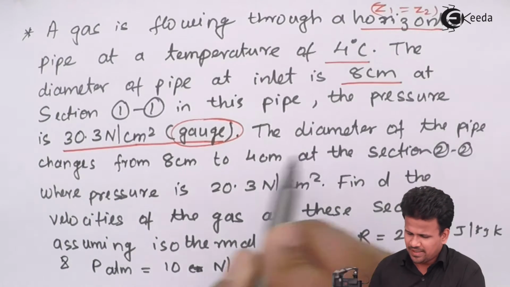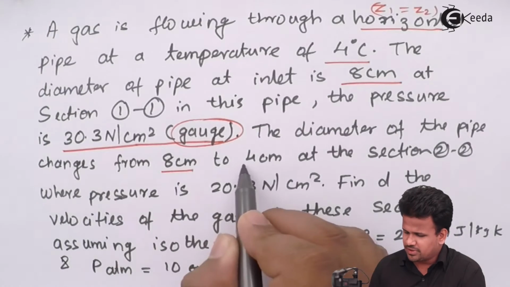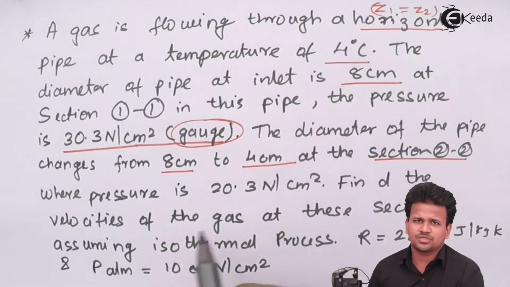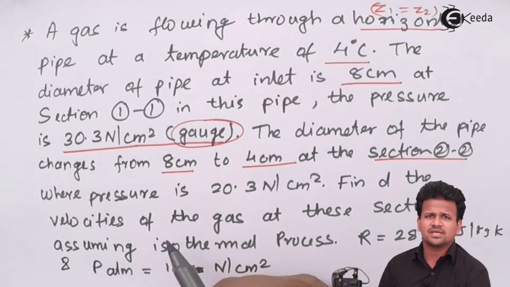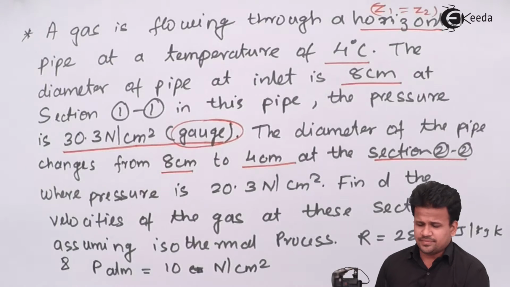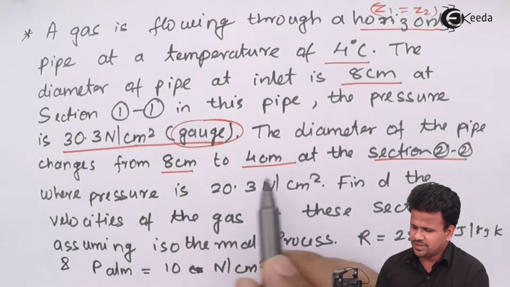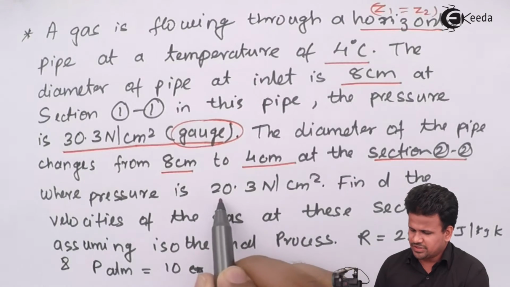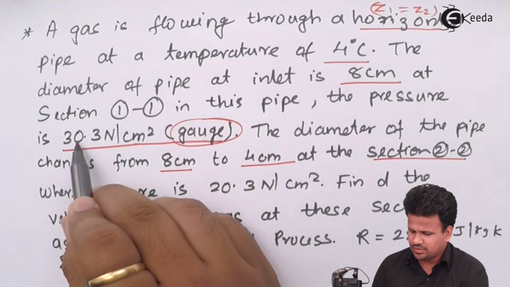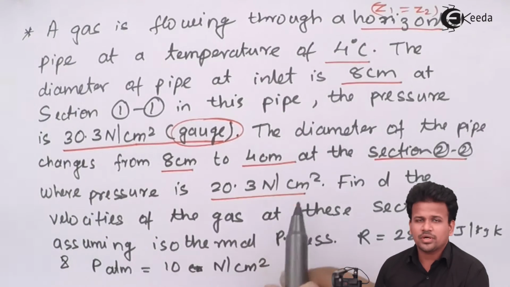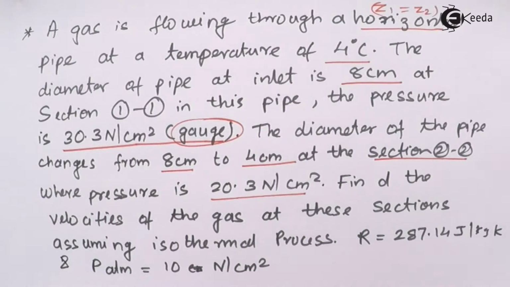Gauge pressure is mentioned, and there are two sections over here. The diameter of the pipe changes from 8 centimeters to 4 centimeters at section 2. That means there is a sudden contraction of the entire pipe. During this, the pressure is also reduced from 30.3 to 20.3 Newton per centimeter square. I guess this is also the gauge pressure.